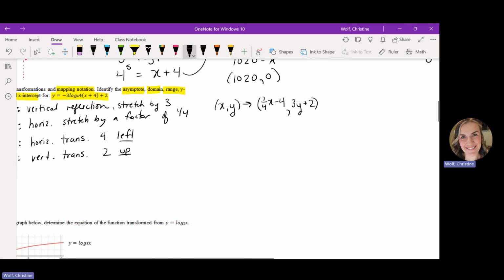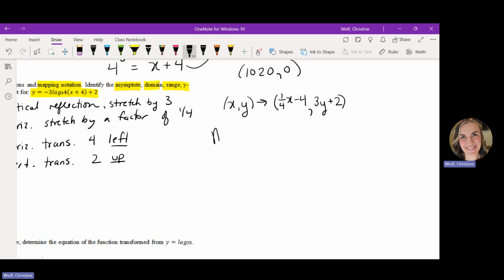Now we are going to identify the asymptote. That's the next thing the question asked for. The asymptote is determined by your horizontal shift. So your h value, which is +4.